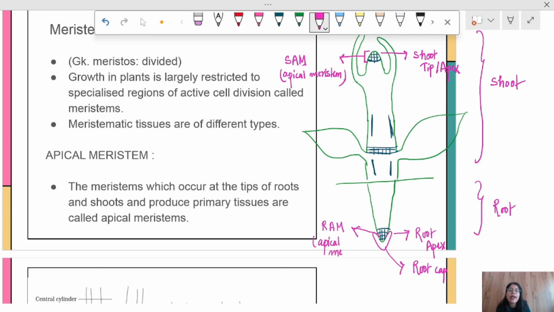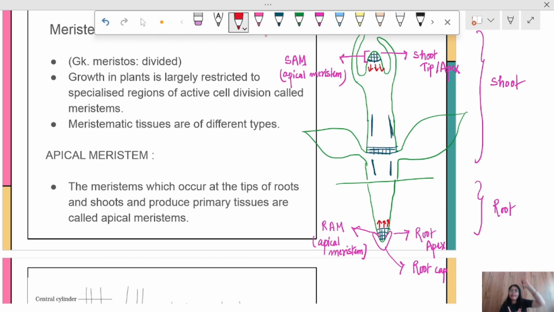So you can see that on the distant-most region of the root and stem, you have some dividing cells which are actively dividing and adding new cells. This area is adding cells in the lower direction and this is adding cells in the upper direction. Because of this, you will see a visible characteristic growth in the plant taking place.